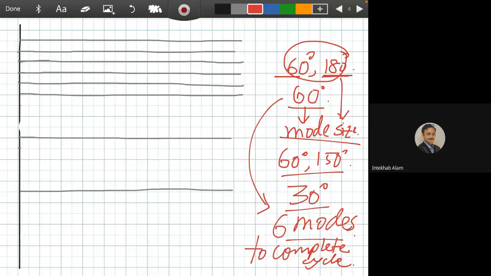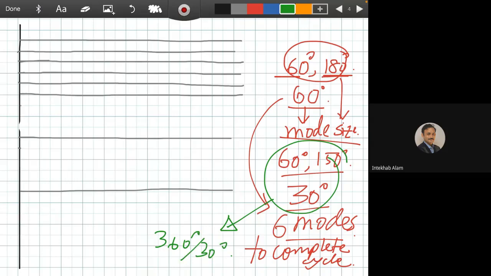In the second case, we have 30 degree mode size. So we need 360 degree divided by 30 degree, which is 12 modes. Good. Excellent.